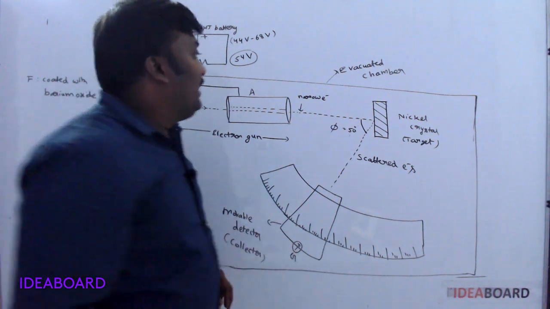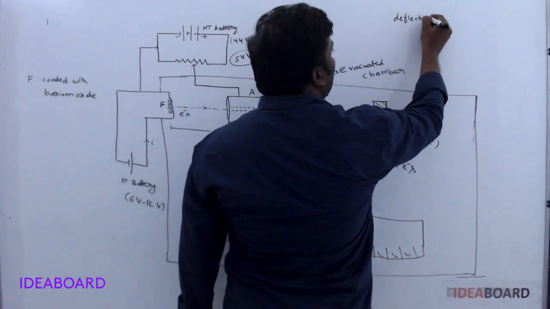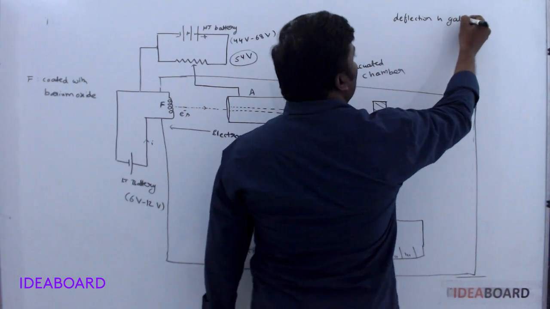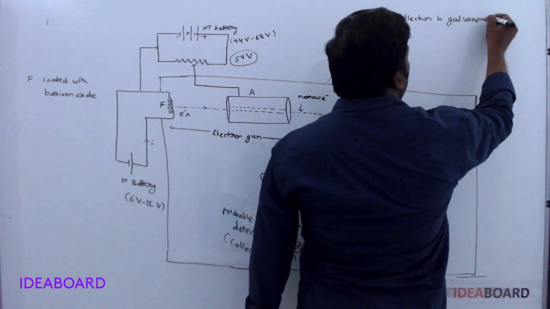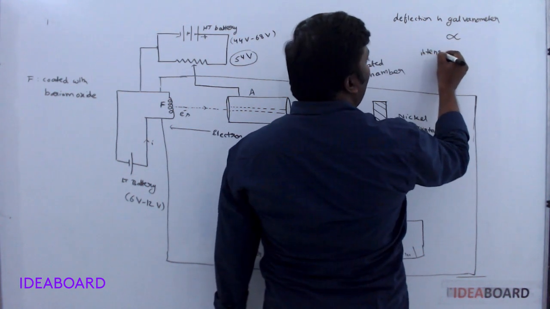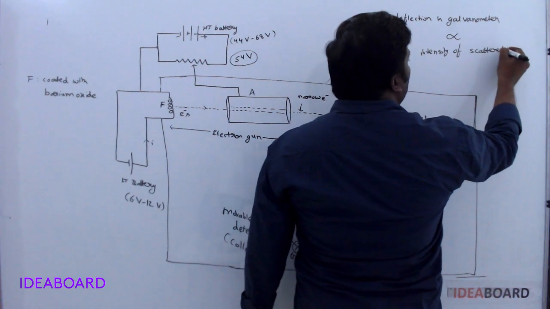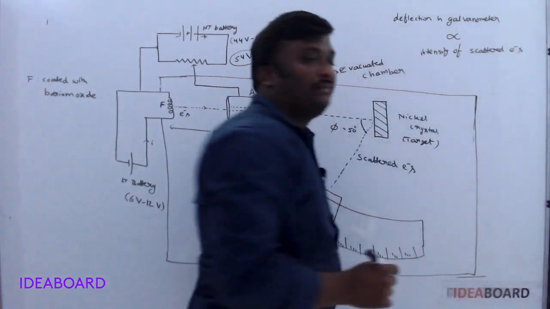Okay, the deflection in the galvanometer is always directly proportional to the intensity of scattered electrons.